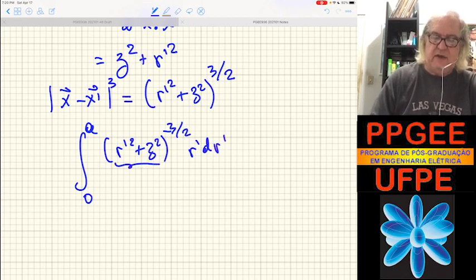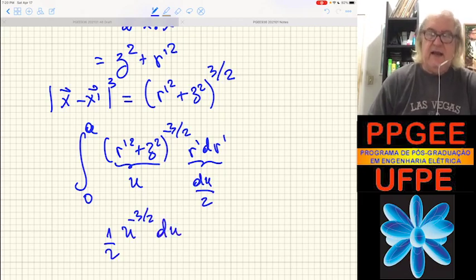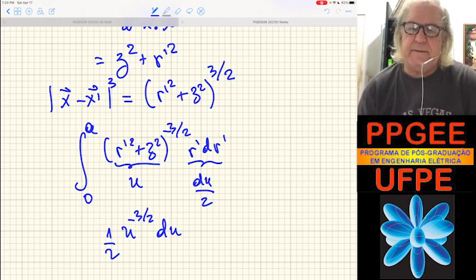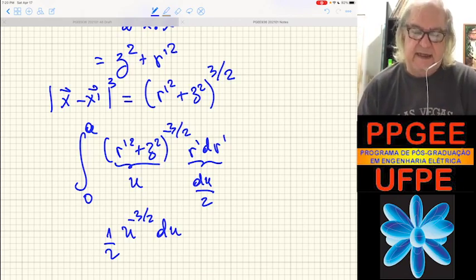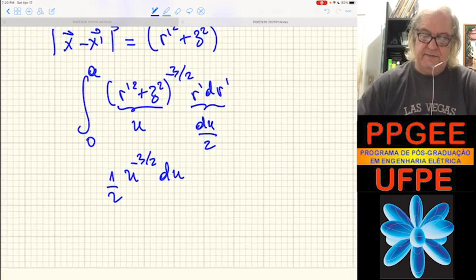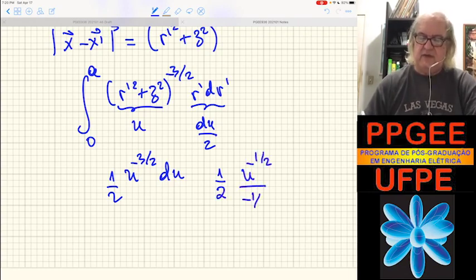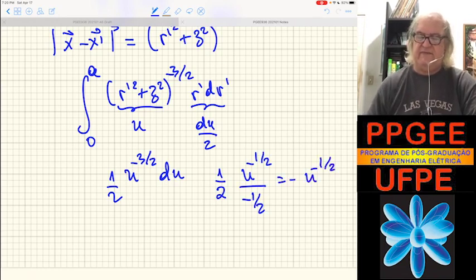If I call this u, this is going to be du over 2. So it's 1/2 u to the minus 3/2 du. I want to calculate the integral, and again, I'm going to have some important subtlety on this integral here. So this integral is going to be 1/2 of u to the minus 1/2 divided by minus 1/2. So it's minus u to the minus 1/2, okay?